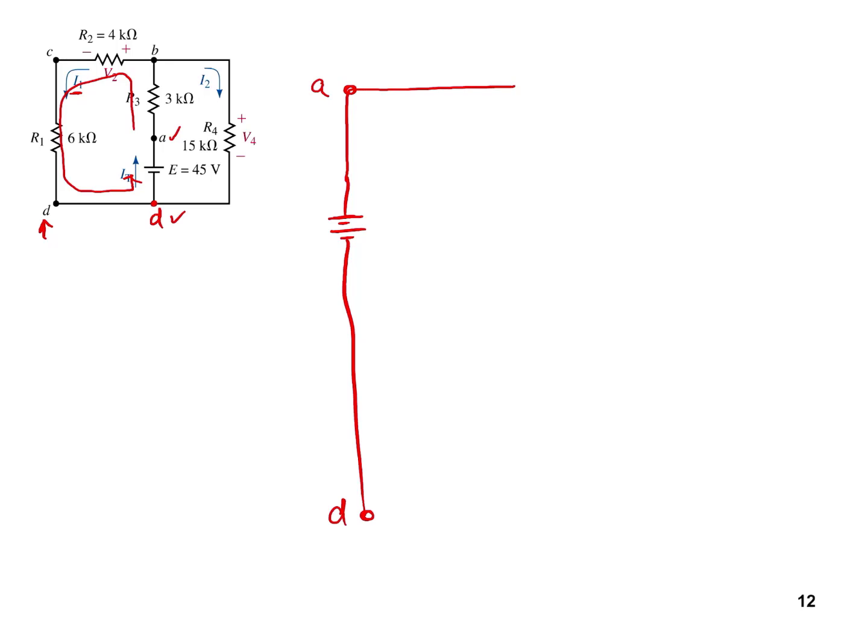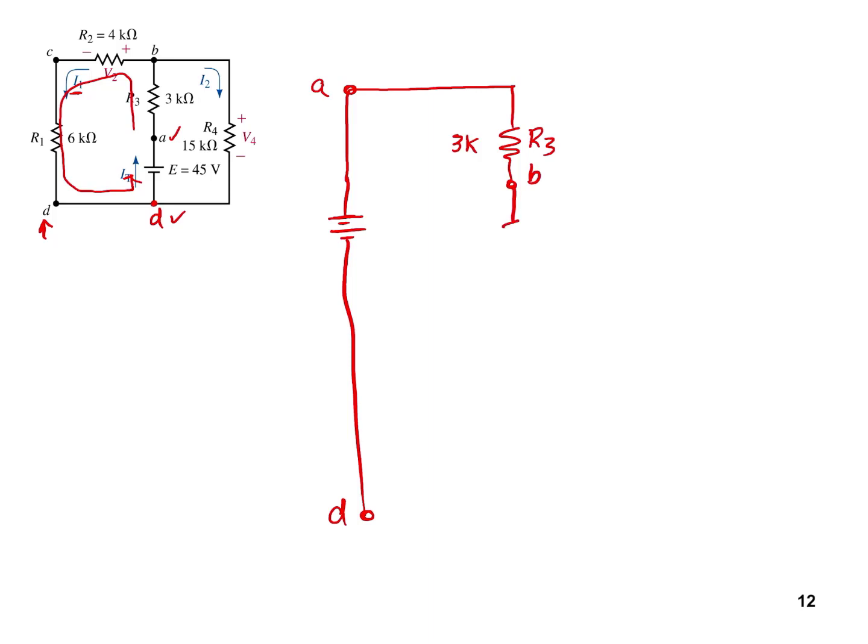Well, I'm just going to extend this current division node A over here, and I'm going to first put in my R3 value. So this is R3, and it's 3k ohm. Notice how as soon as we exit R3, we have a current division node we're going to label B.